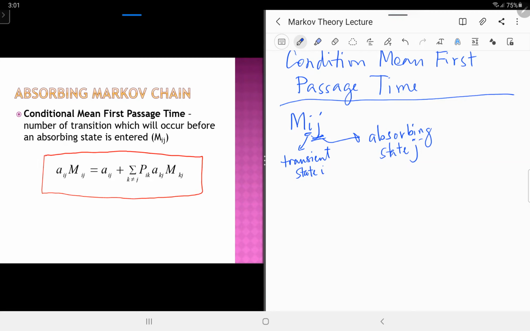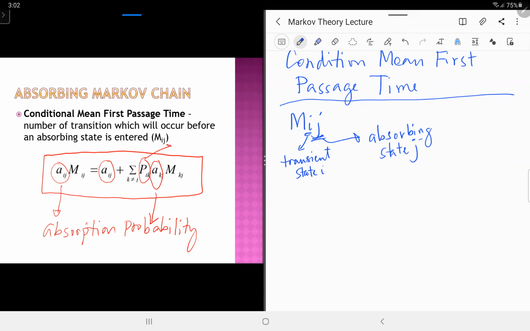You don't have a matrix to work with. So this is the working formula. Of course, you know small a. Small a is the absorption probability that we calculated in the previous topic, absorption probability from transient state I to absorbing state J. Of course, this one is the same.